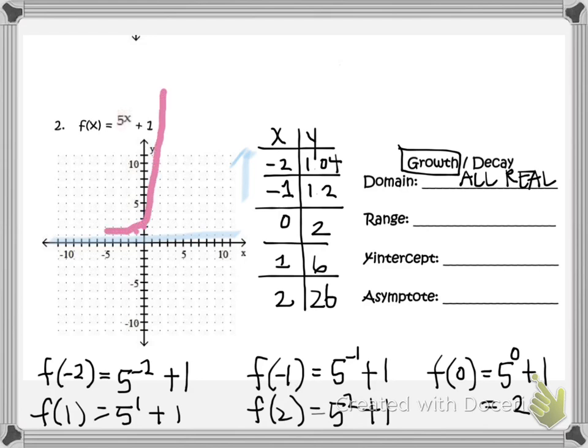So we can draw our line, but it's never going to touch that 1. Okay, so your asymptote is y equals 1. Okay, so then your range is going to be all values greater than 1. And your y-intercept, we found it right here because when we plug in 0 for our x, you're always going to be finding your y-intercept. So your y-intercept is (0, 2). Okay?